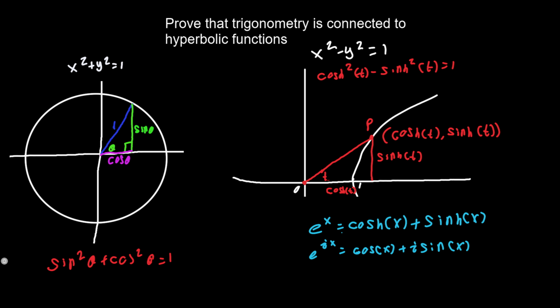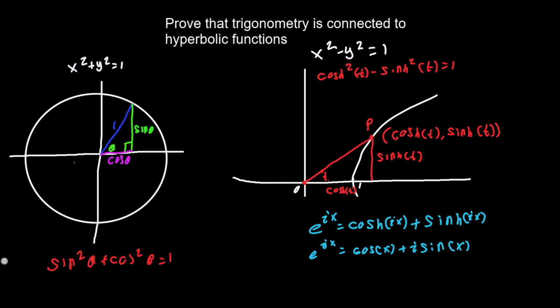If we go ahead and say, okay, x, we could replace that with ix for our hyperbolic functions. We could get ix, and ix. And here we could finally relate our cosine and cosh and sinh.